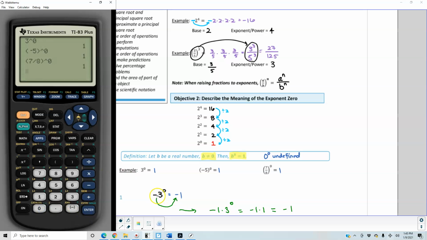Now what happens if I put this scenario in? Negative 3 to the 0 power. Well, that's negative 1 because it's not contained in parentheses. So again, now if I put parentheses negative 3 and raise it to the 0 power, then it gives us positive 1.